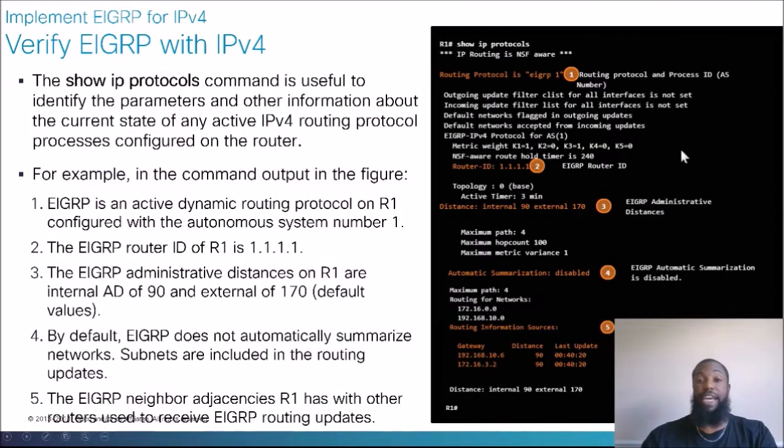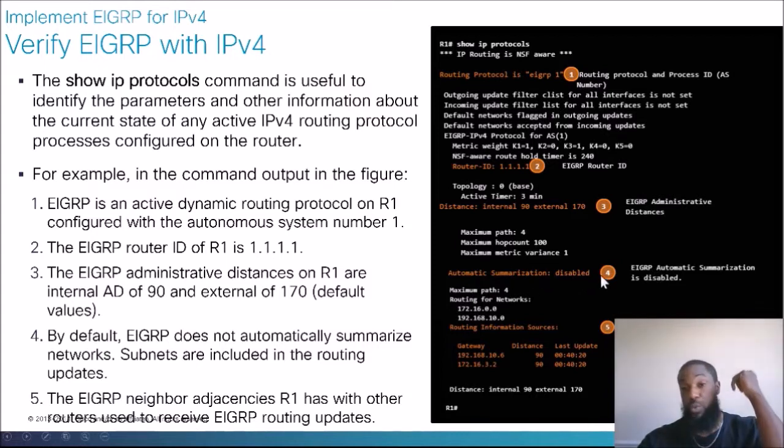Verifying EIGRP, again, show IP protocols. This is just a breakdown of show IP protocols. We've done this command in multiple videos. This tells you which EIGRP process, or AS number rather, it's in. It tells you the router ID if you want to know it, the values of the administrative distances. It tells you whether automatic summarization is turned on or not.